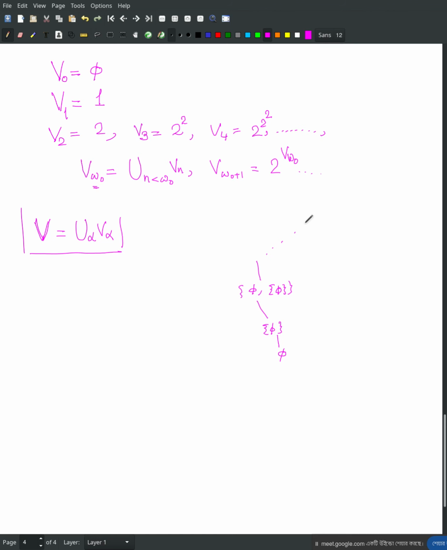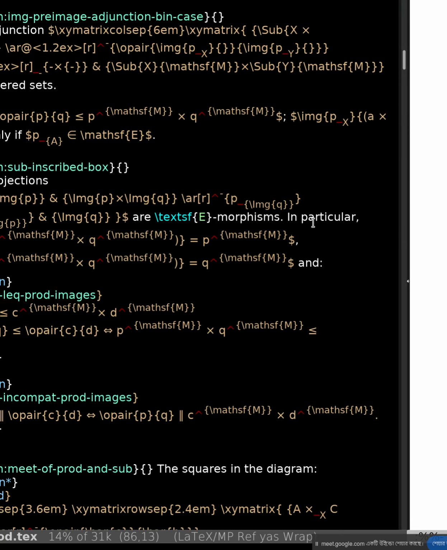And as a result, you see immediately equation 91, that you cannot have a set which belongs to itself. You cannot have a cycle in that chain.